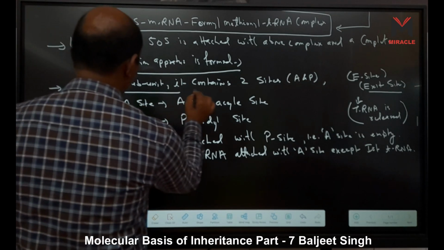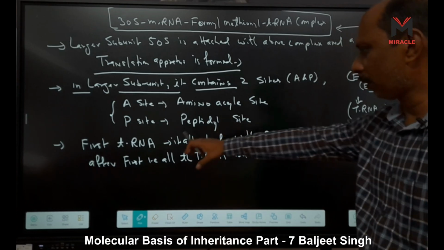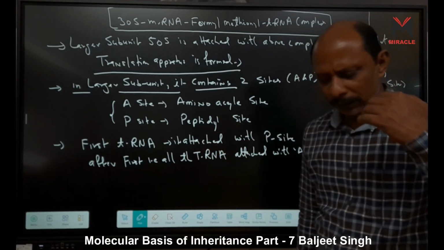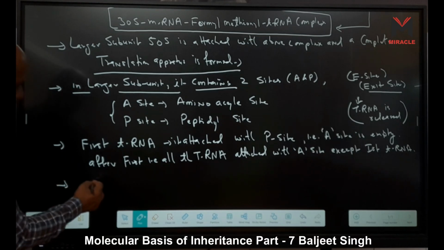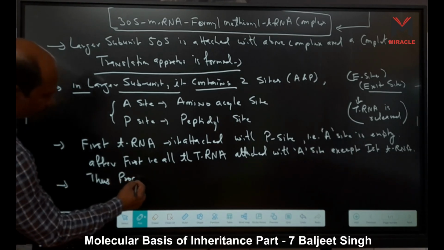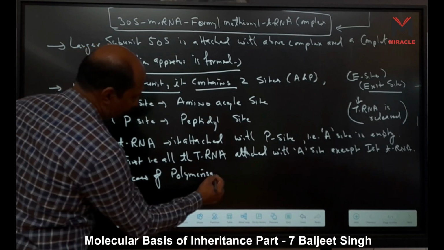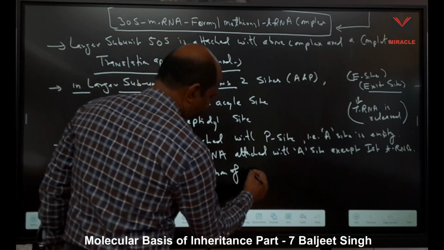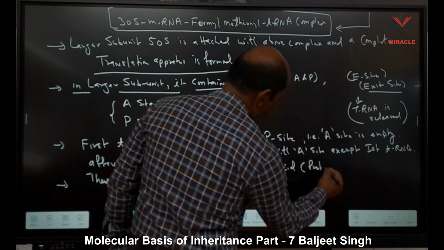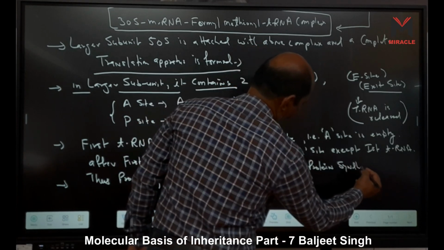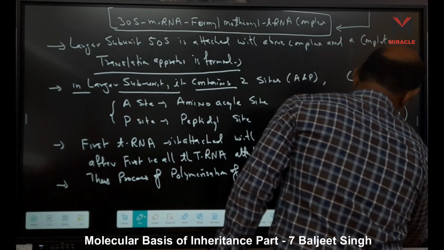When the first transfer RNA attaches with the P site, the process of polymerization of amino acids, or protein synthesis, initiates, right?